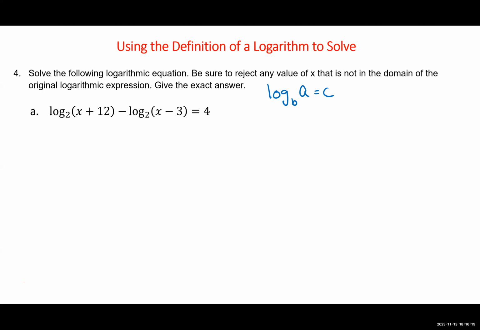What's important is that the correct numbers go in the right places when you convert it to exponential form. So b to the power of c is equal to a.